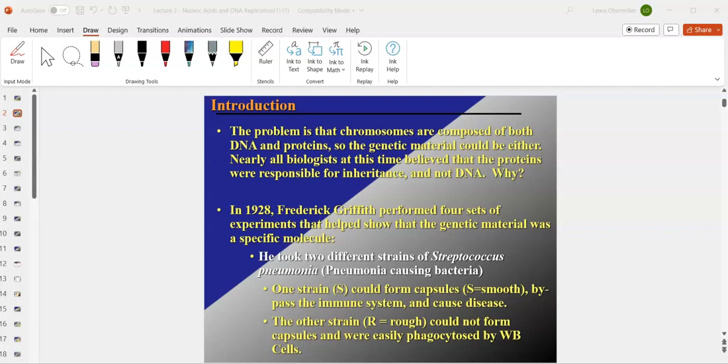So this is one of the early experiments that led us down the path of figuring out what the genetic material was, either DNA or proteins. And so he took two different strains of Streptococcus pneumoniae. This is the bacteria that causes pneumonia. And generally, if you get it, then you would die. So in this case, there are actually two strains of bacteria.